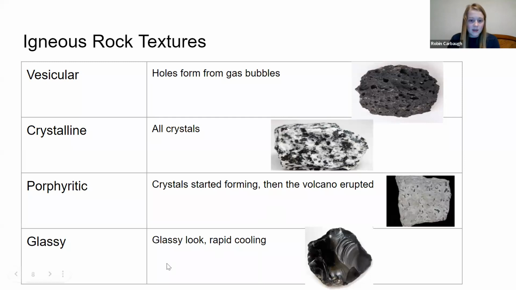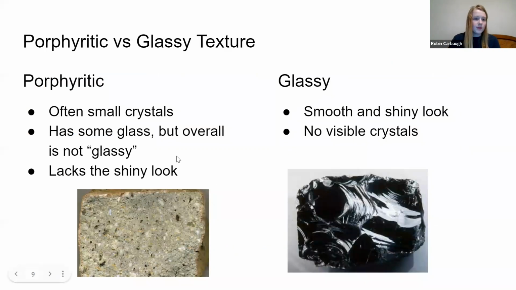And then glassy has this really shiny, glassy look because it cooled really, really quickly. We don't really see these individual crystals in it. And then I'll say a quick word about porphyritic versus glassy textures, because they can be a little confusing.